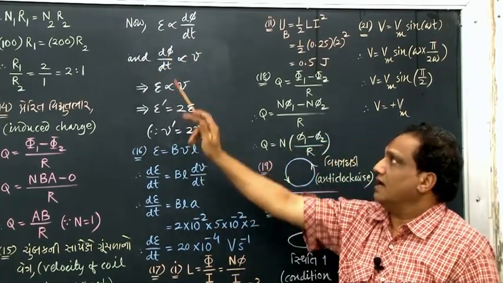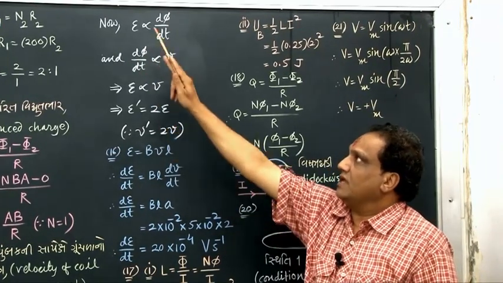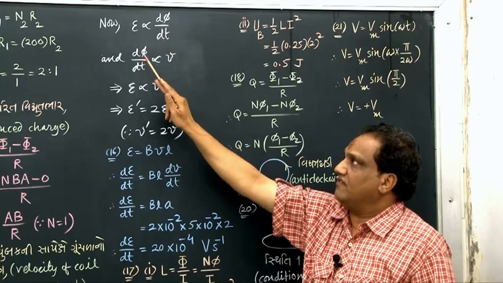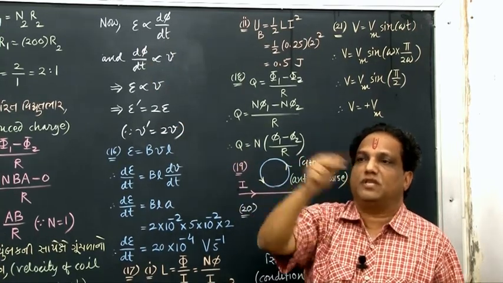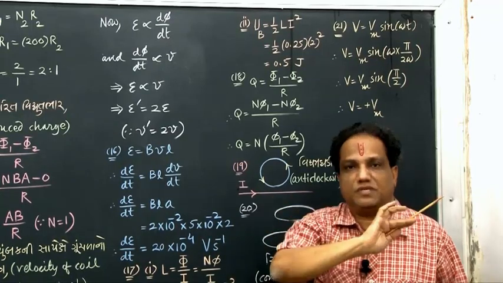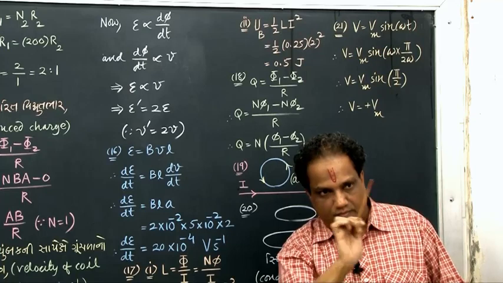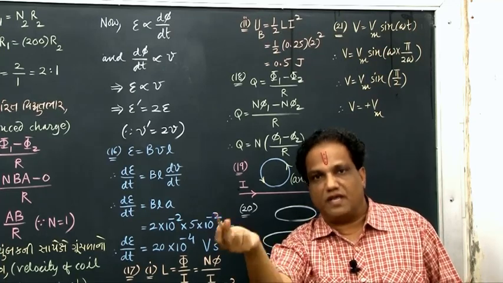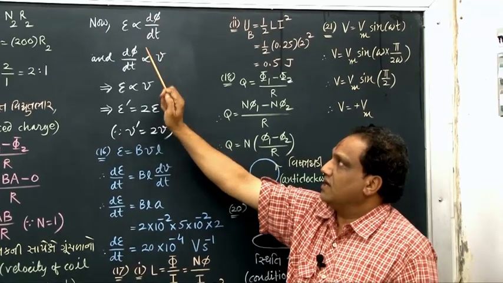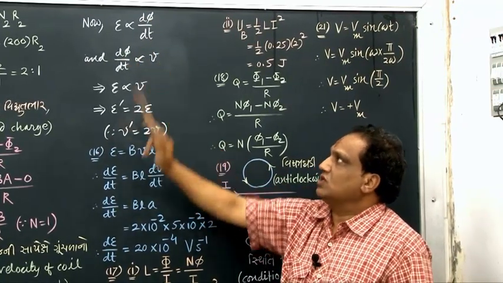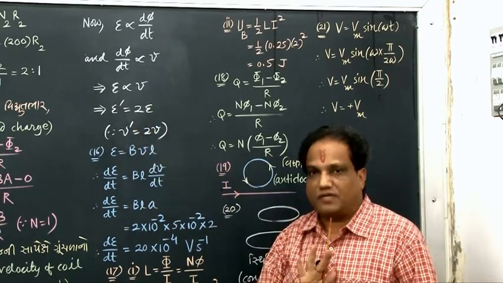Now d phi by dt is proportional to V. E proportional to d phi by dt, d phi by dt proportional to V. If A is proportional to B, and B proportional to C, then you can write A proportional to C. Similarly, E proportional to d phi by dt, d phi by dt proportional to V, so directly you can write E proportional to V, correct?